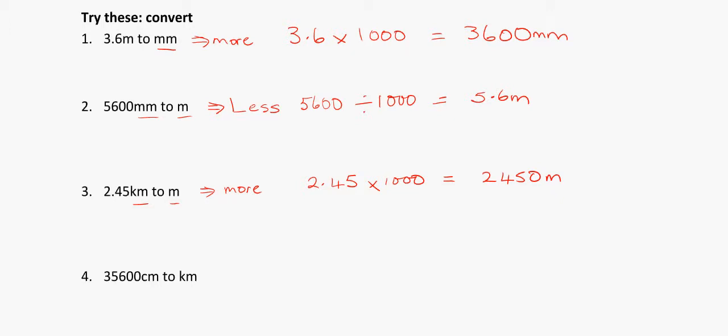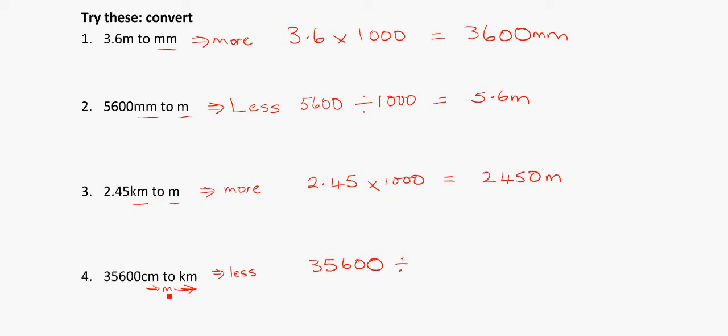Okay, next question. Move that down. Oops. Okay. Centimeters to kilometers. So we're changing a little unit to a very large unit, and so we're going to have less of them. So we know we're going to divide. Now we're going to do this one in 2 steps. First of all, we're going to get the centimeters to meters and then go to kilometers.